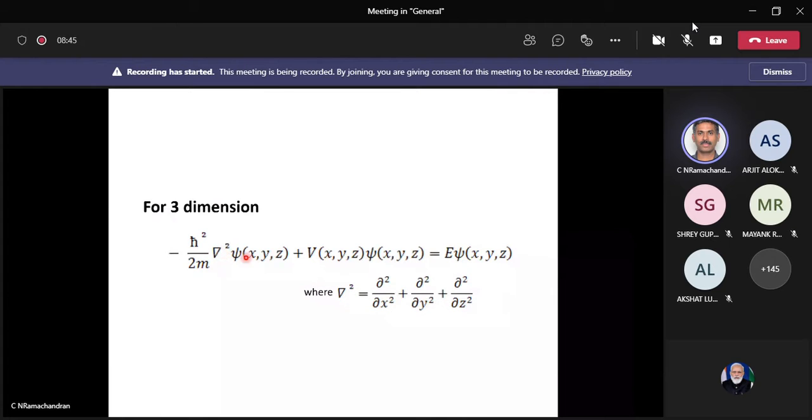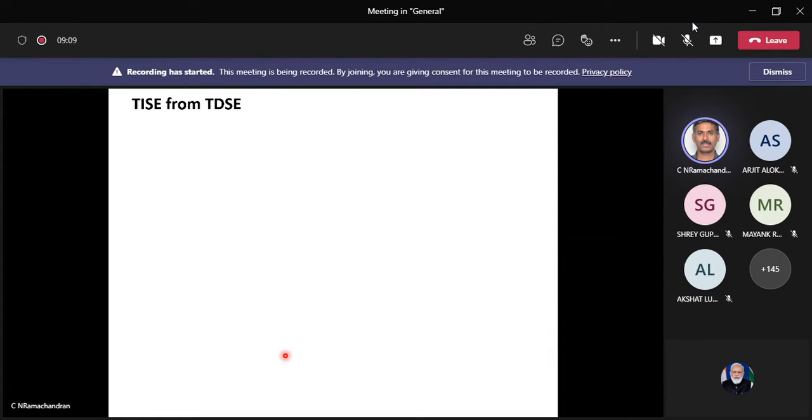You have to act on each of these directions separately. It is a sum of this. So this will be acting on the psi independently for each and every direction. So if you want to write it in 3 dimension, we can write the time independent Schrodinger equation in this form. At least one of them you have to remember.